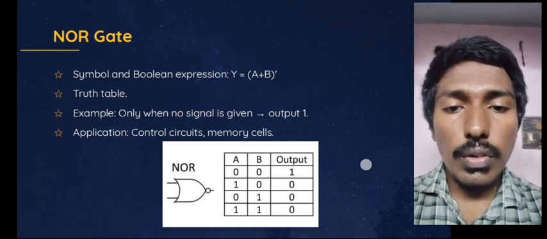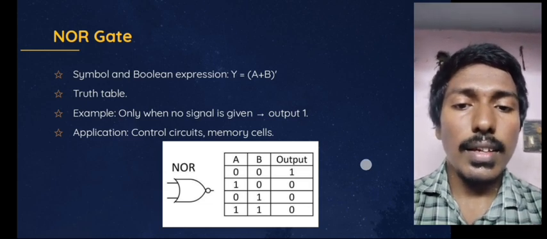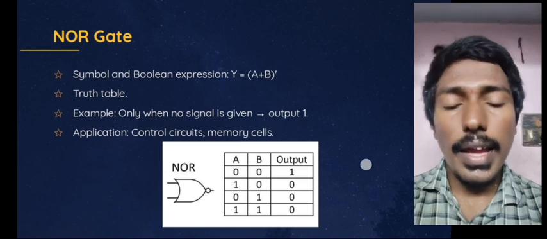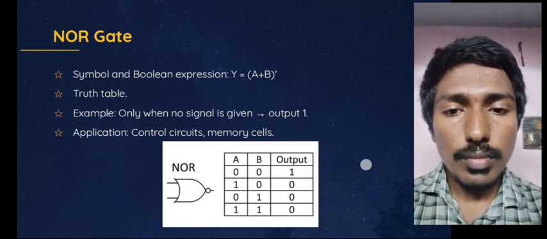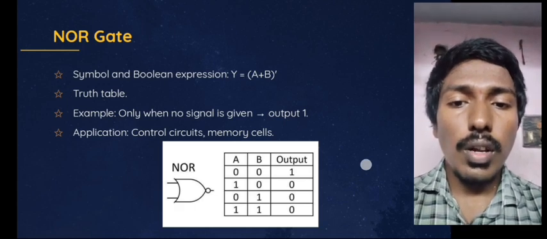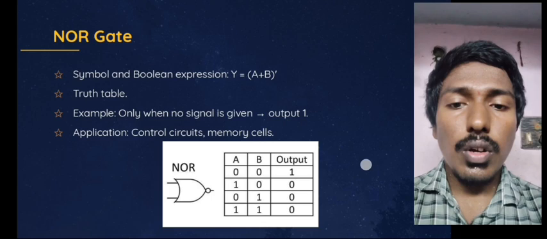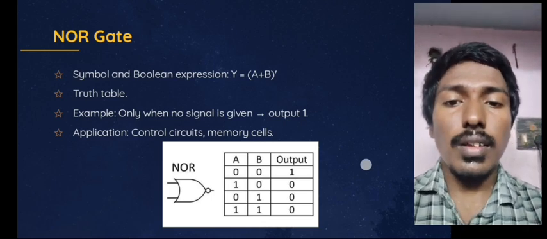If both inputs are low, the output is high. If any input is high or both inputs are high, the output is 0. Only when no signal is given, the output is 1.